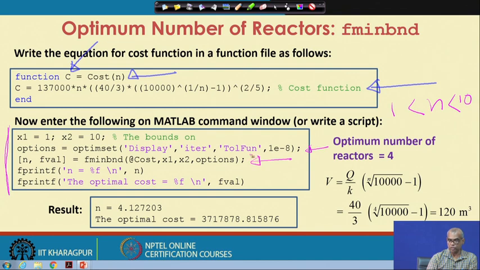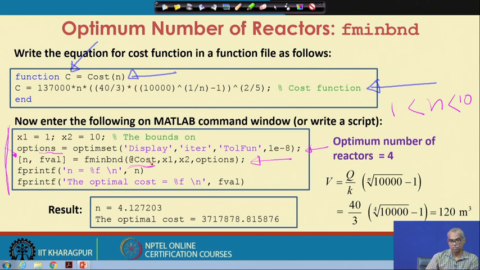And this is the syntax we use now to call fminbnd. So, what fminbnd will return is n, which is the solution, that is the number of CSTR units that minimizes the total cost, and fval, that means the cost associated with this optimal number of CSTR units n.